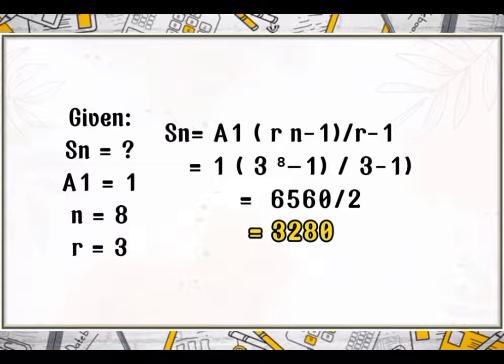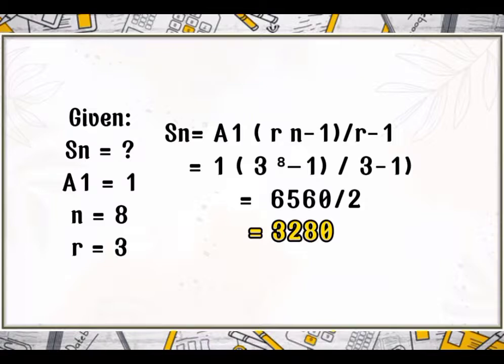Meron din tayong formula dyan at gamitin natin ito. So, A sub n, which is yung n natin is the nth term, equals to A1, which is the first term, times R, which is the common ratio, raised to n minus 1, divided by R minus 1.